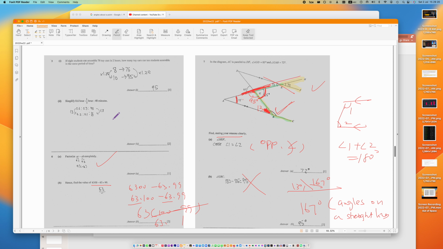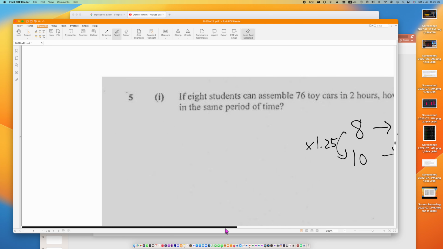For this one, you need to get them into the same unit first. They are different units.